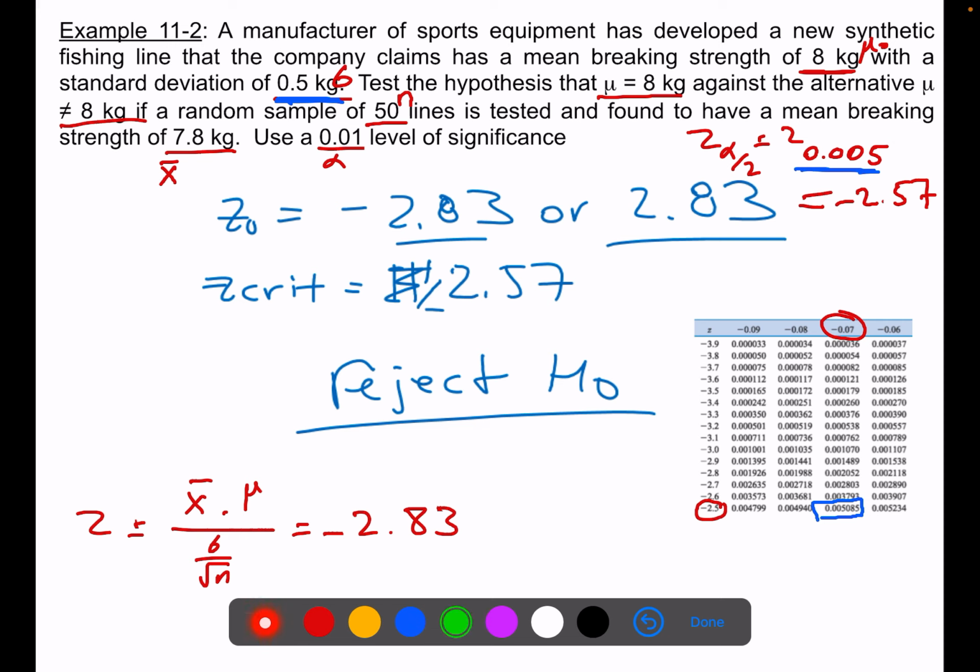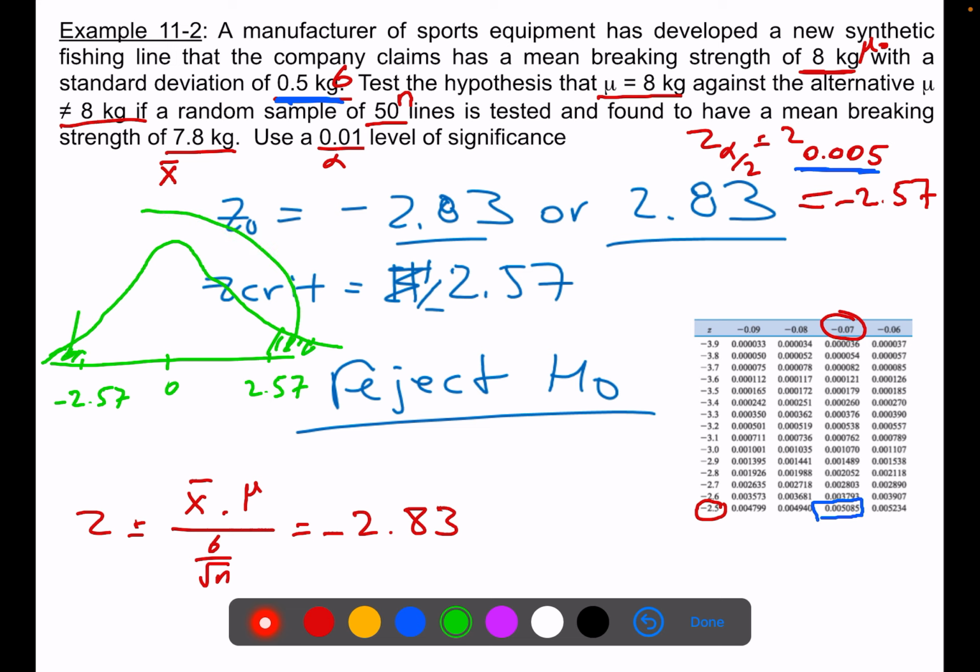So basically this is what's going on. This is 0. This is minus 2.57. This is plus 2.57. And the probability that we are here or we are here, so this is our Gaussian curve, this probability under the curve, both of them together, so adding them up, is 1%, right?